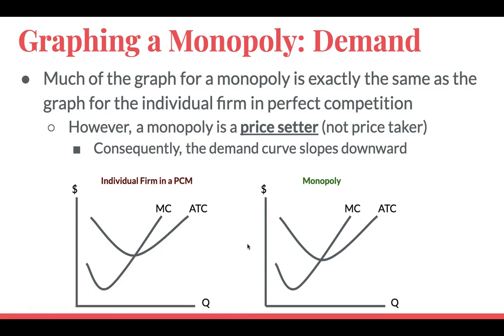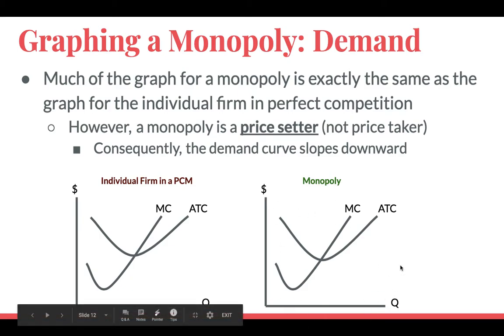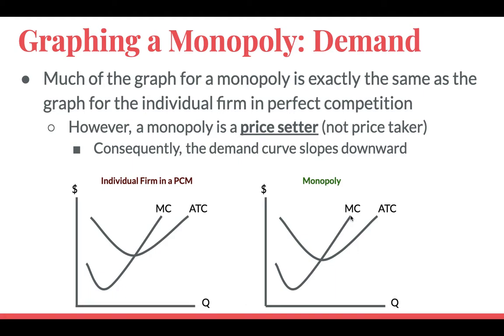So marginal cost and ATC always take on sort of this trident formation where the marginal cost goes through the very bottom point of the ATC curve. So for both types of firms, these look exactly the same. The difference comes in when we graph our demand curve.